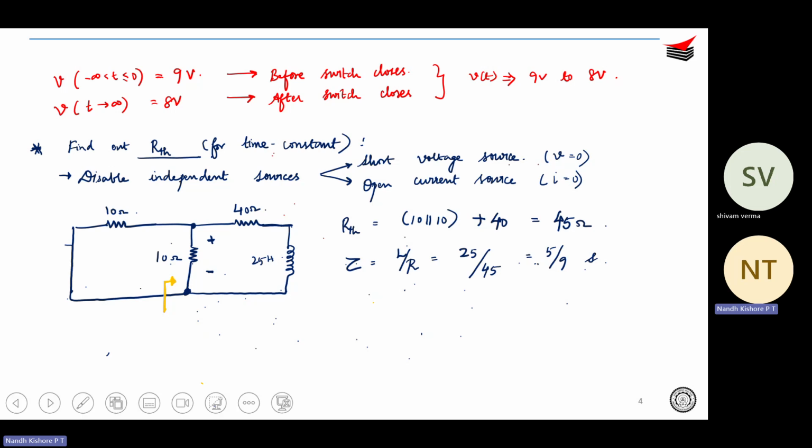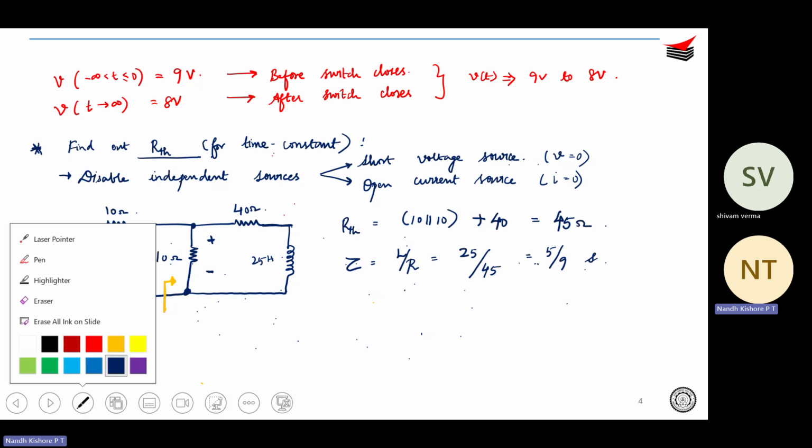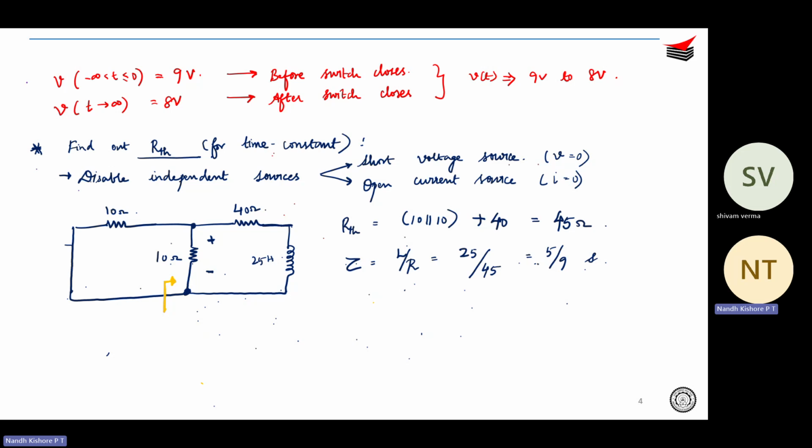We now know the voltage before the switch closes at steady state, the voltage after the switch closes at steady state, and the time constant of the circuit. Okay, this is enough to write the response, right? So just imagine your voltage is basically going from 9 volts to 8 volts.